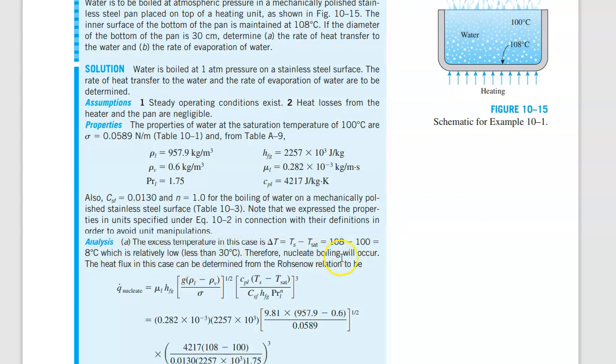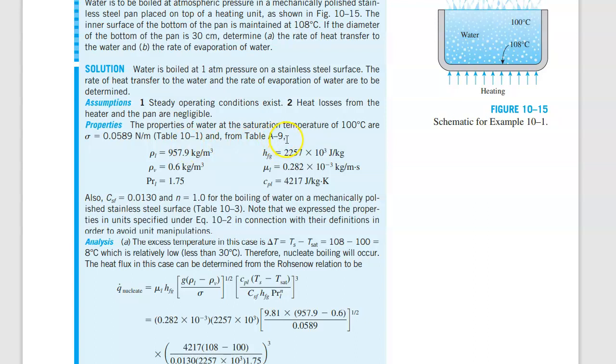Therefore, this is nucleate boiling, because more than 5 is nucleate. So this is the formula for nucleate. When we have the formula, you have to find what is mu, hfg, and so on. To find these, we refer to Table 10.1 and also Table A.9.